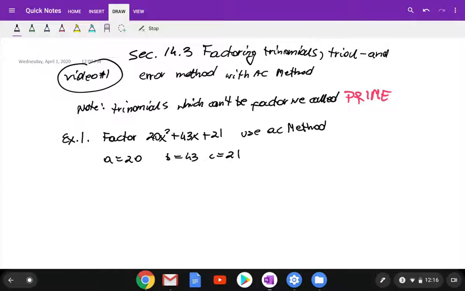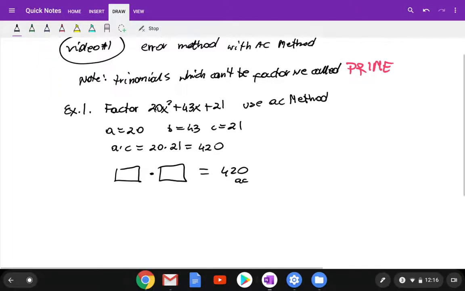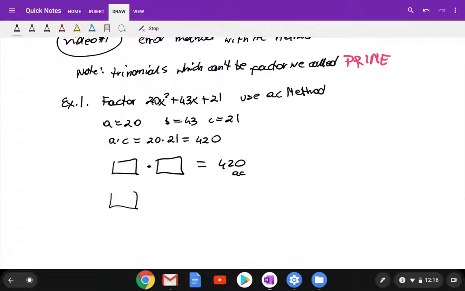So A times C is equal 20 times 21, which is 420. So what we need to do, we need to find two integers, which by multiplication is equal to 420, which is our AC, and the same two integers, which by addition will give you coefficient B, which is 43.